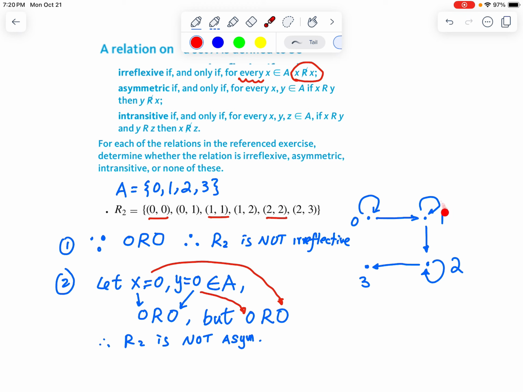Now actually we can find different examples. Just use a simple one. Let's begin with 0. I strongly encourage you to find another counterexample.